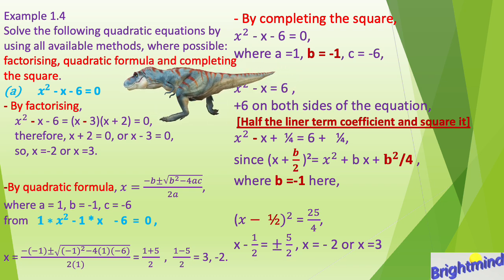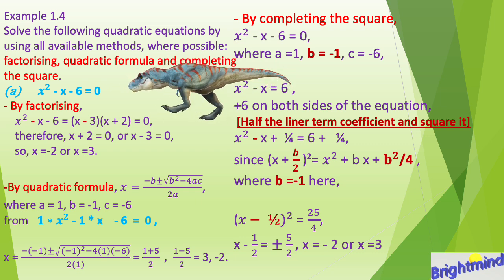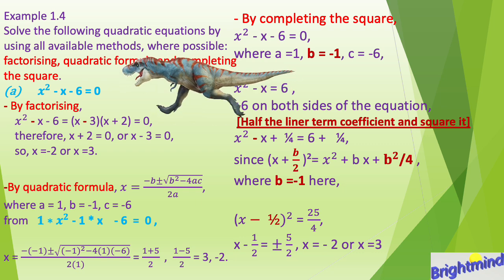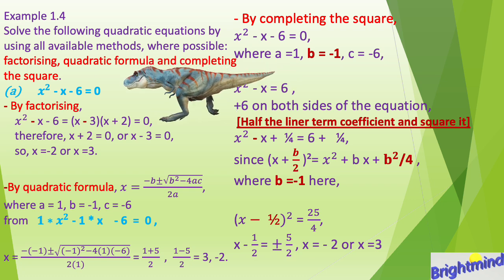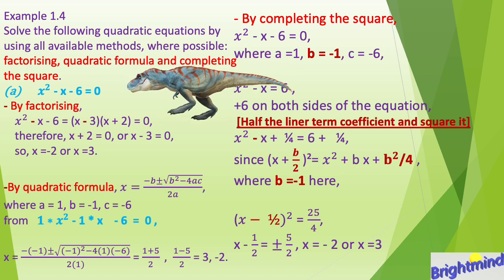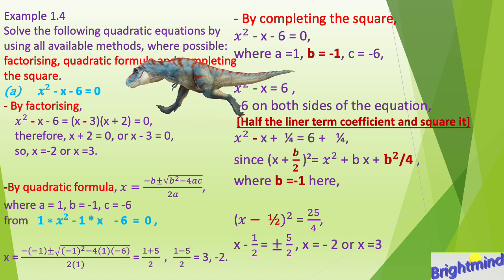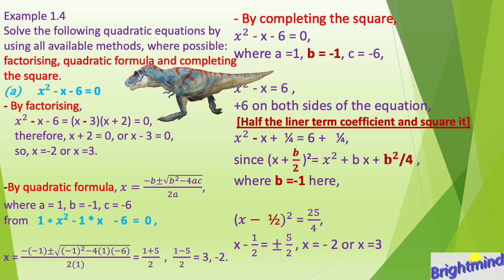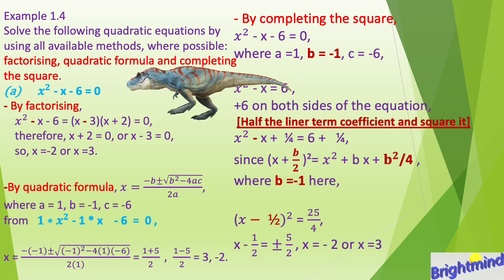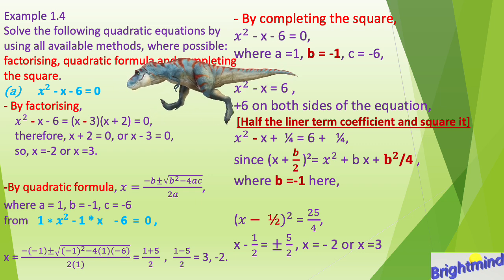By factorizing, because the linear term coefficient is negative 1, we can factorize negative 6 to negative 3 times positive 2.